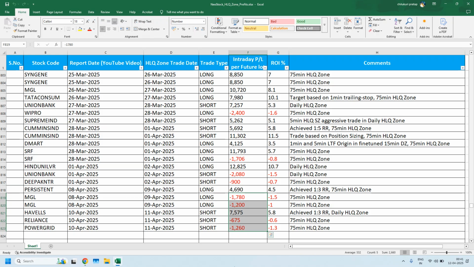There are times when you see a bad situation in the market. The best example is this month, the first 10 days of this month. Worst situation in the market, and worst performance in our HLQ zones. I'm saying worst performance in our HLQ zones. Your risk management will have an impact.